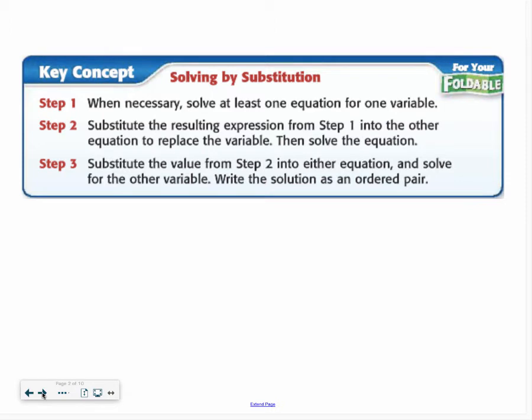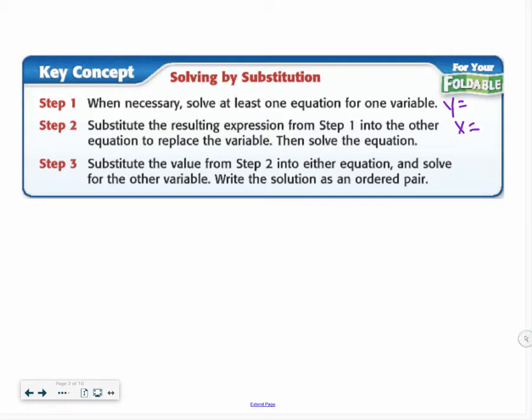Okay, so solving by substitution, this is something that you maybe want to take a screenshot of and add to your math folder. It goes through the 3 steps for solving by substitution. The first thing that you want to do is solve at least one equation for one variable. That means you want to have one equation that says y equals something, or an x equals something.